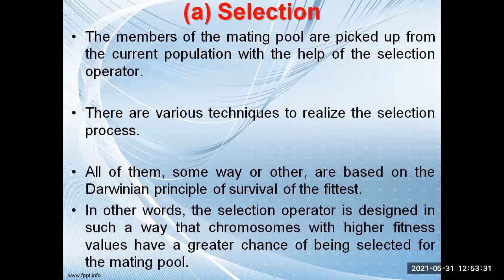So first is the selection. How is the selection operation done? Let us take one example. Let us say there are n number of ants. All of you know ants?